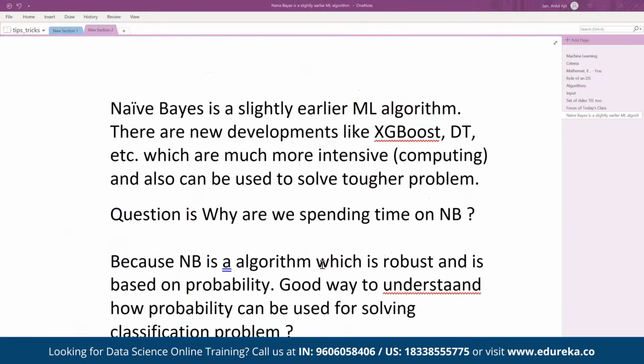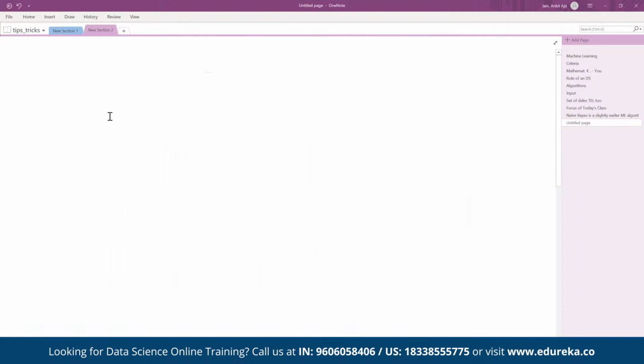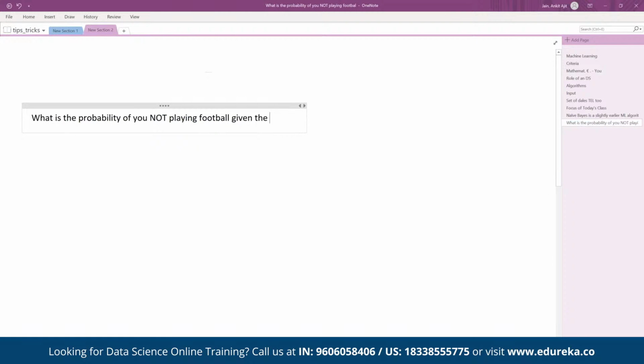So let me write this so that you understand. What is the probability of you not playing football, given the conditions are sunny and winter time?